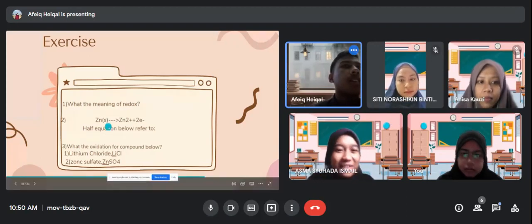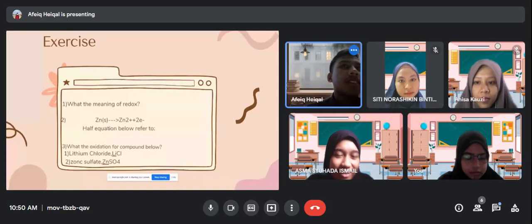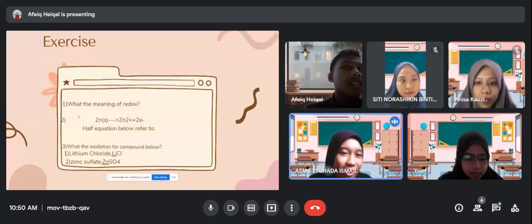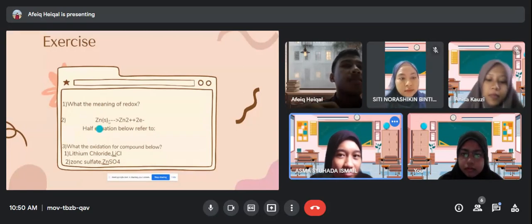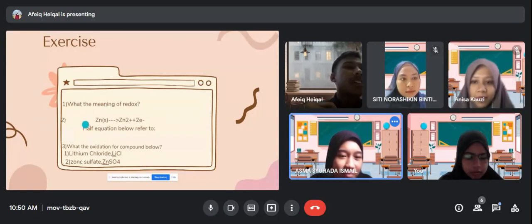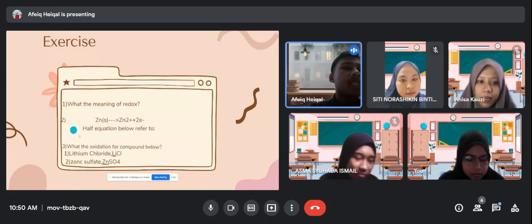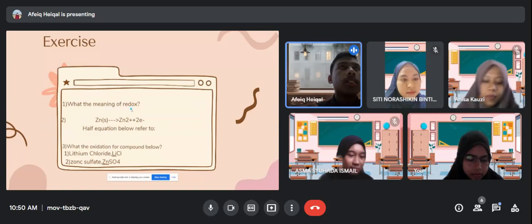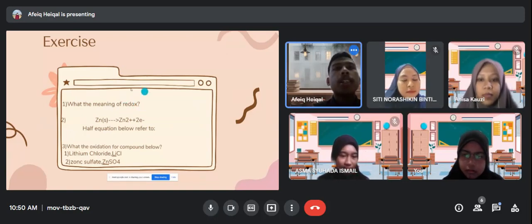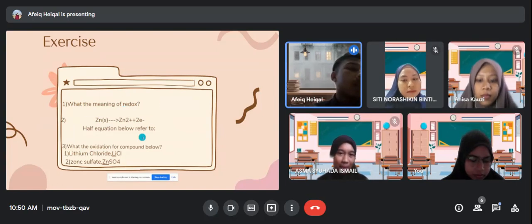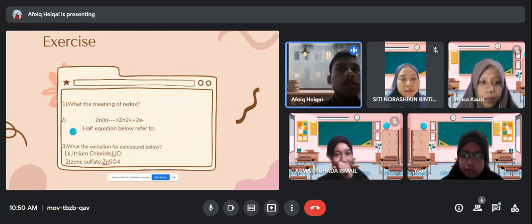The meaning of redox is where the oxidation and reduction processes occur at the same time. Oh, that's true, that's a great explanation. So redox is the reaction where oxidation and reduction happen at the same time, like your friend said before.